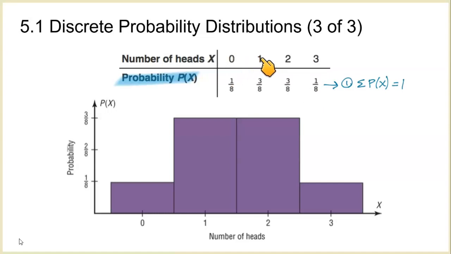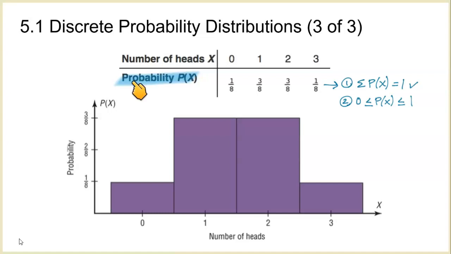The likeliness of getting 1 head is 3 out of 8 chance, and then so on. So if I add those together, I get 1. The second requirement is that each of those probabilities individually, so each one of these values, is between 0 and 1. So as long as those two conditions are met, then we can say that it represents a probability distribution.